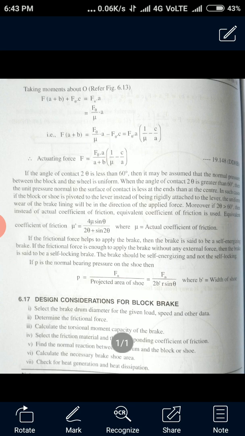Case 2, whether it is in between the fulcrum and center of the shoe. Case 3, whether it is below the fulcrum and center of the shoe or above the center of the shoe and fulcrum.